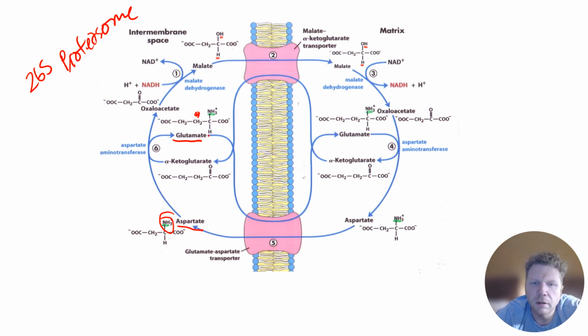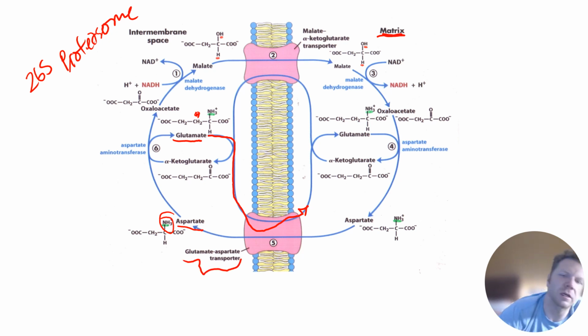That glutamate can go in this direction and make its way into the mitochondrial matrix, indicated up here in the upper right-hand corner. The glutamate can go through this glutamate aspartate transporter, so glutamate will be transported in while aspartate is transported out. The aspartate has already undergone that transamination reaction with the help of the enzyme aspartate aminotransferase.